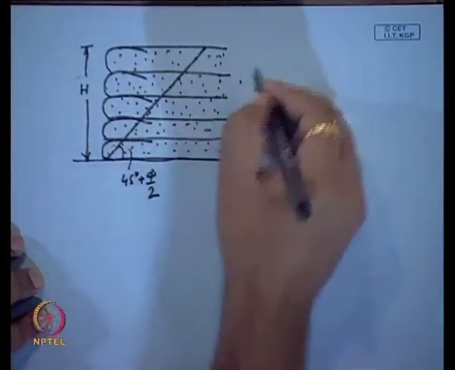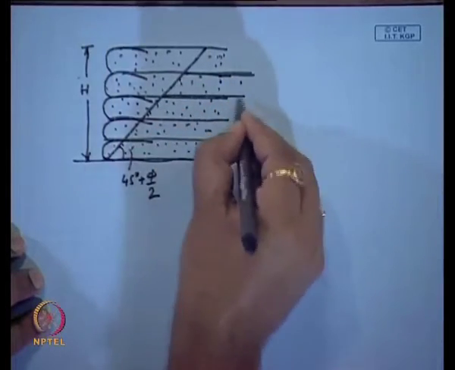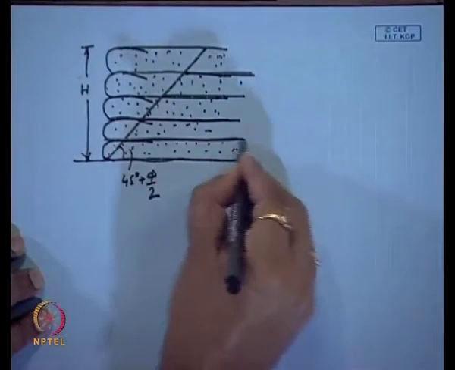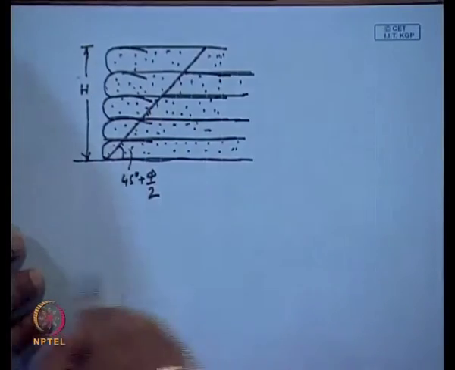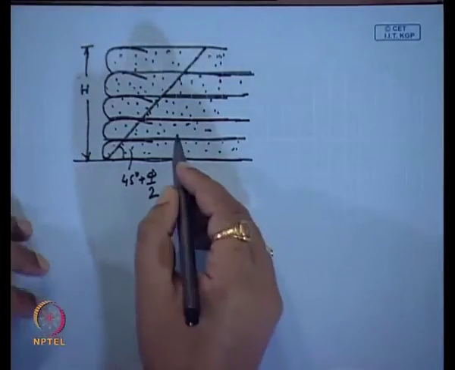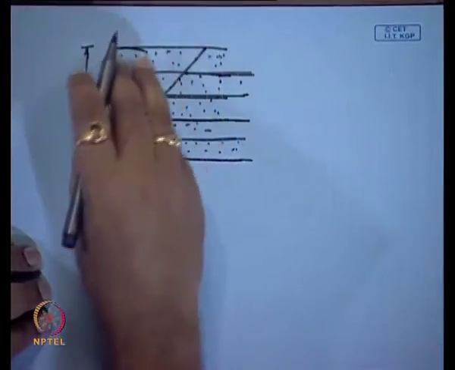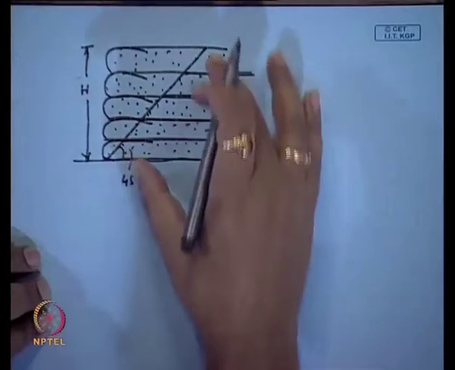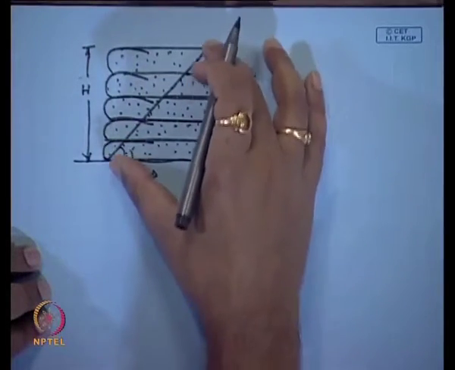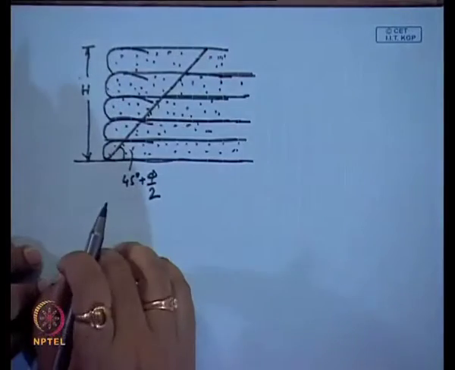If we provide sufficient anchorage length of the reinforcement beyond the failure surface, then it is possible. As something is sliding here, this soil mass is sliding from this side and this soil mass along with this geosynthetic is holding this sliding mass.